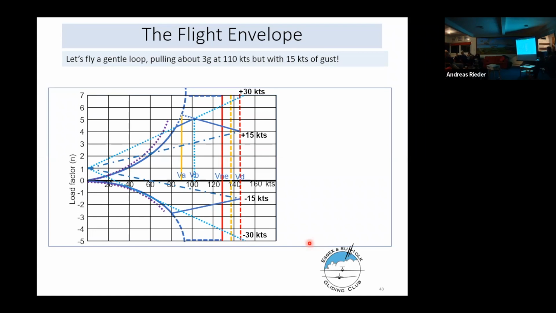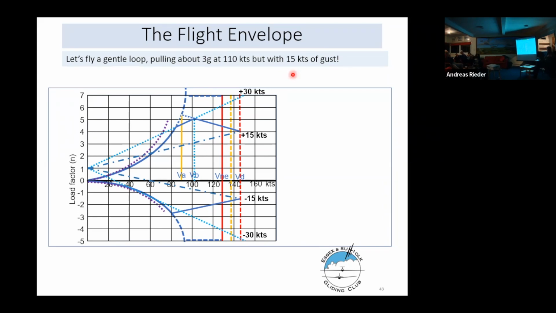So you might think that if you were flying at 110 knots and pulled only 3G, there couldn't be any possible problems. But what if there's a 15-knot gust? Okay, 15 knots is significant. I will accept that.